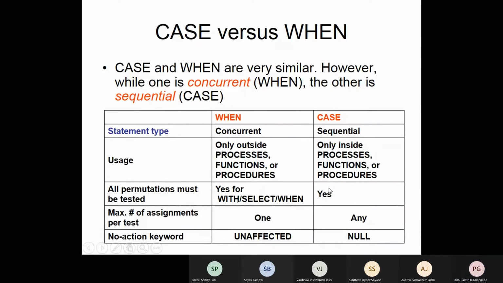Yes, both the cases require all the permutations to be tested. Maximum number of assignments per test is 1, whereas this is one of the biggest differences. No action keyword is unaffected here and null here. Okay, so many times comparing sequential and concurrent constructs will give us a proper insight as to when to use a particular construct.